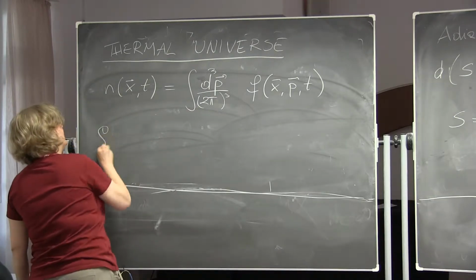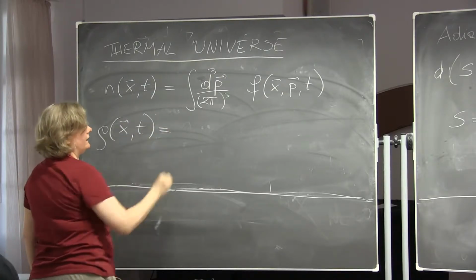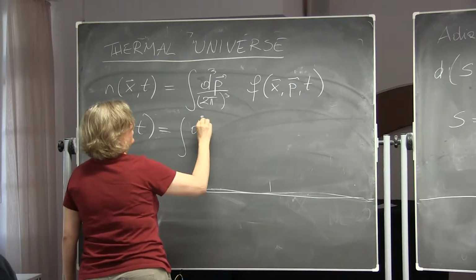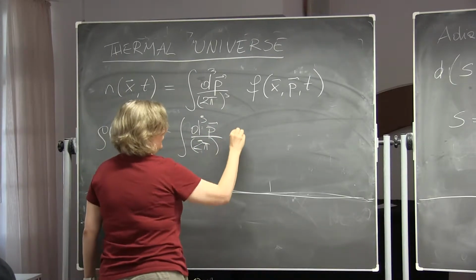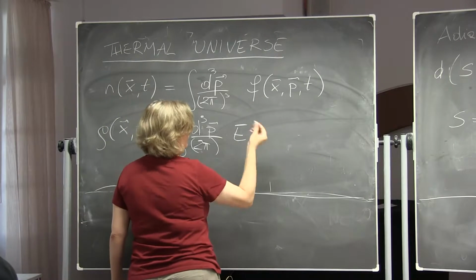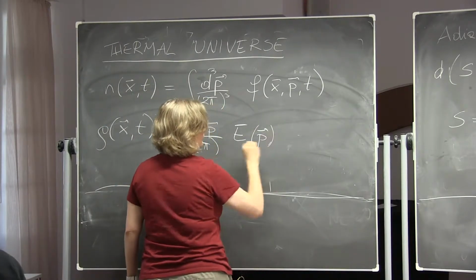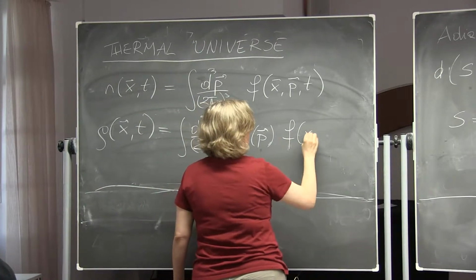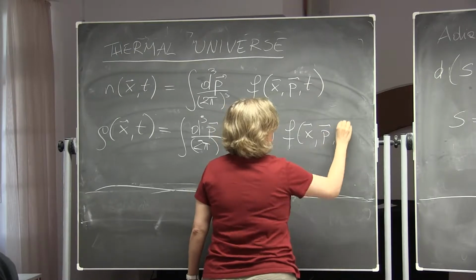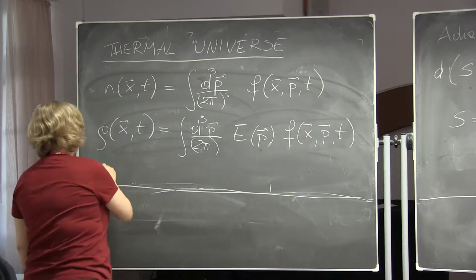And so I can also compute the energy density. I have the same integral, but of course here I have to plug in the energy of the particle, which is in principle a function of p. Here I need of course to know what the dispersion relation is. And then I have x, p, and t. And of course I can also compute the pressure.